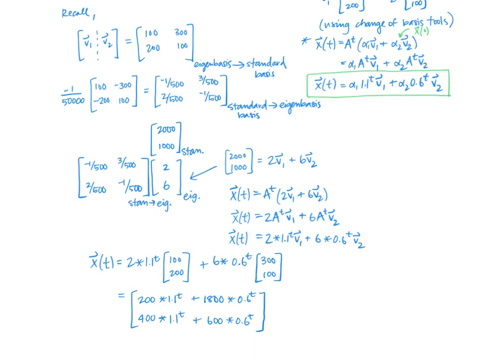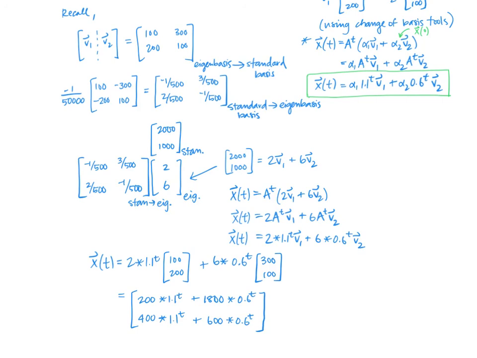By plugging in what v1 and v2 actually are, then distributing that scalar across both components, and then adding the two vectors together component by component, we have as our final answer that x of t, the first component, is going to be 200, because it's 2 times 100, times 1.1 to the t, plus 1800, because you have 6 times 300, times 0.6 to the t. That's going to be our O of t function for the owls, right?